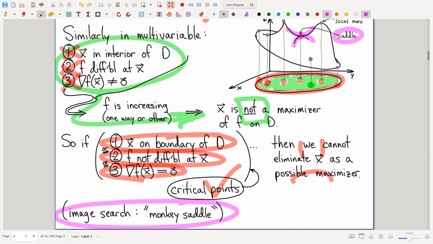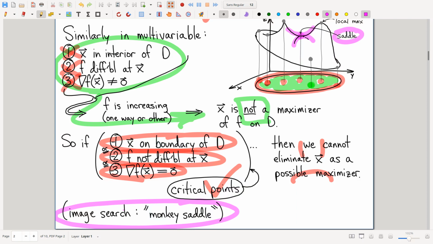And for fun, I'd encourage you to image search monkey saddle for two reasons. For one thing, it's a pretty wacky surface. A regular saddle slopes downward where your left leg needs to hang down, and downward where your right leg needs to hang down, but then upward in front and back.